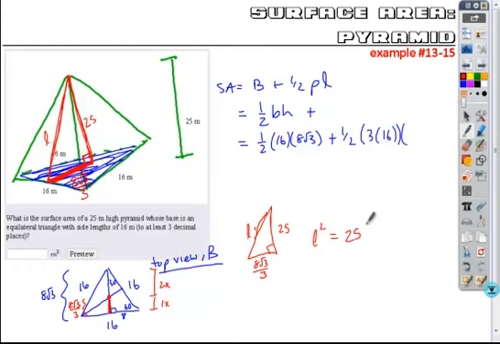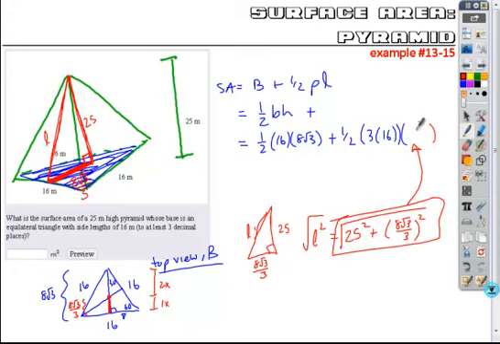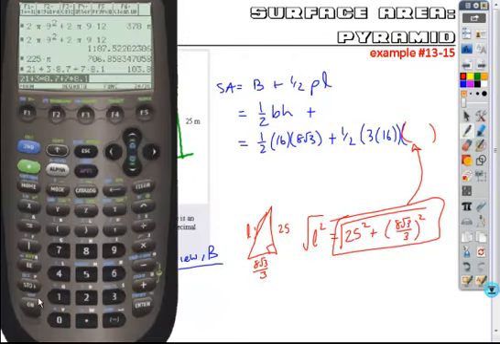L squared equals 25 squared plus (8√3 over 3) squared. Extract your square root. And so this is the value that's going to go here. That's our L value. So I can go ahead and plug this all in and get my calculation.